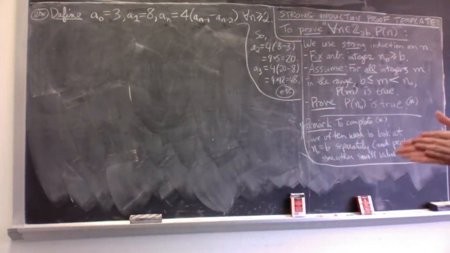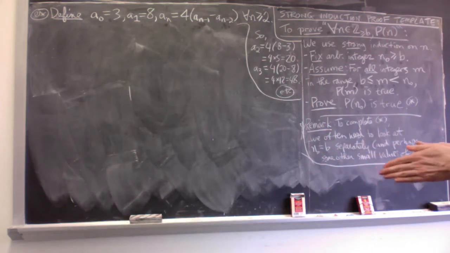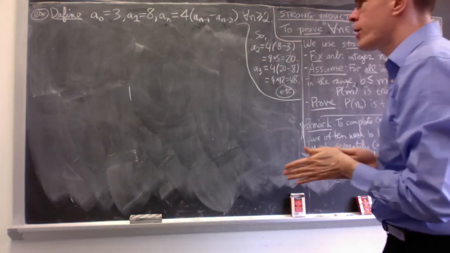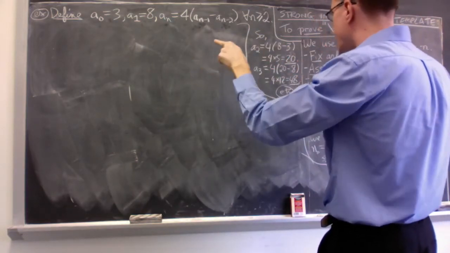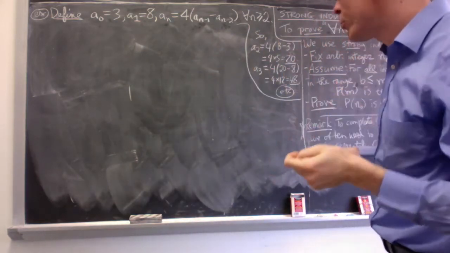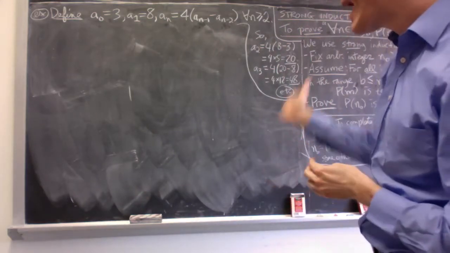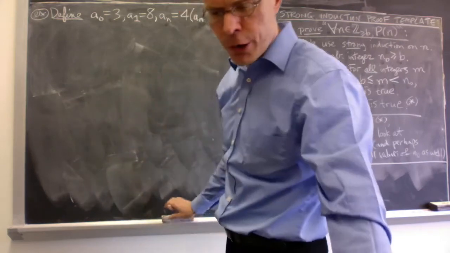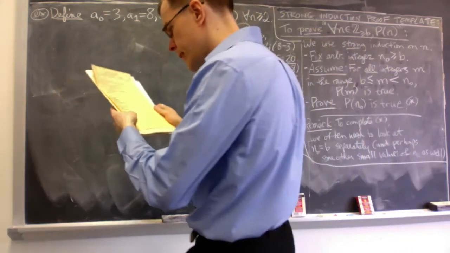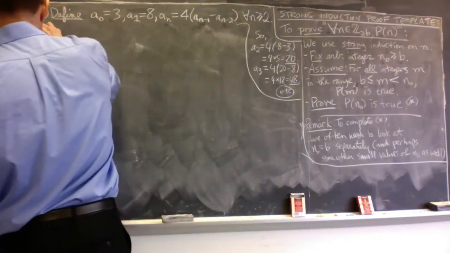But what I want to do here, like the one we did before, is figure out the pattern. Maybe if you generated a whole bunch of these numbers, 3, 8, 20, 48, you could generate even more, and maybe you'd eventually see the pattern in this sequence of AN. I'll just tell you the pattern. It might not be so easy to guess it, and we're going to try to prove it.